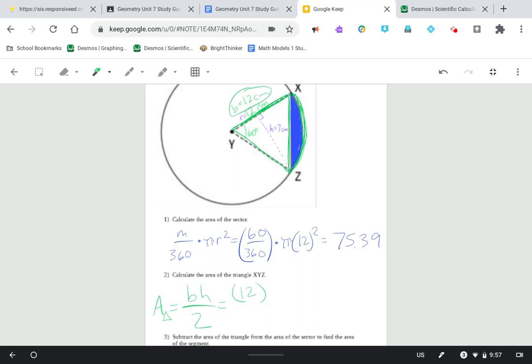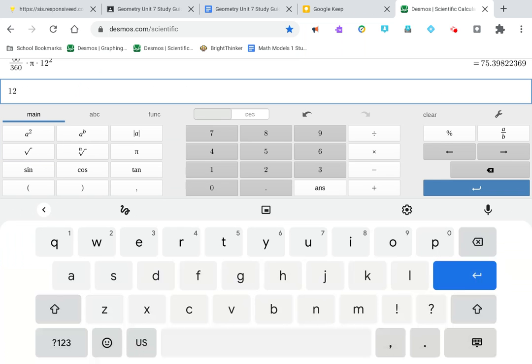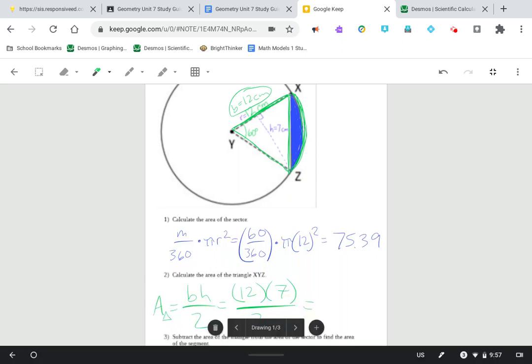So we have 12, and the height is h right here. h equals 7. So 12 times 7 divided by 2. We hop over here. 12 times 7, 84. 84 divided by 2, 42. So that equals 42. And these are all centimeters squared.